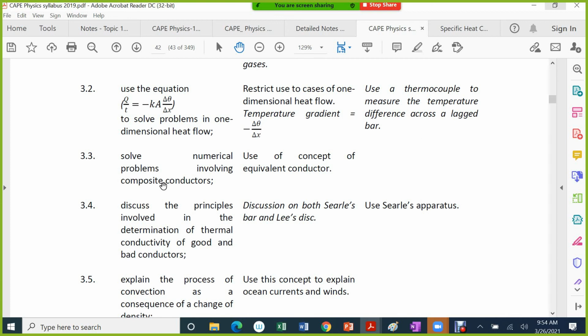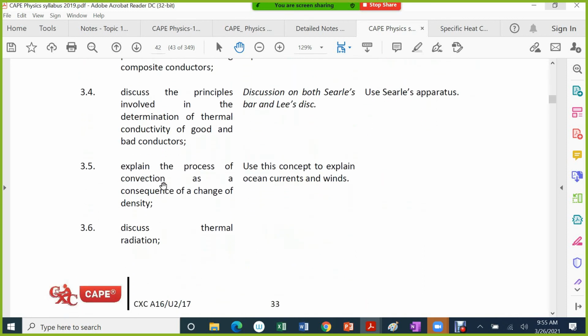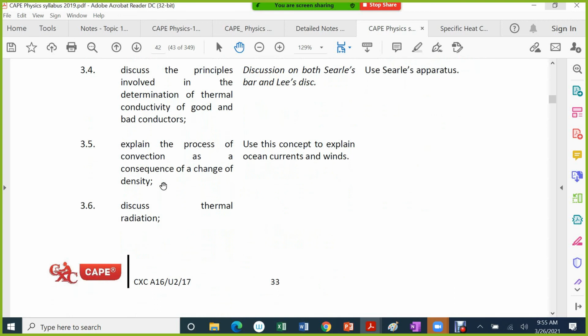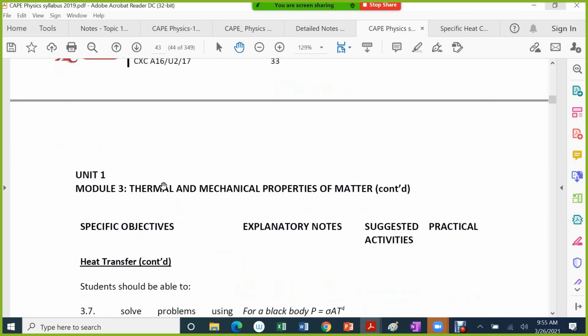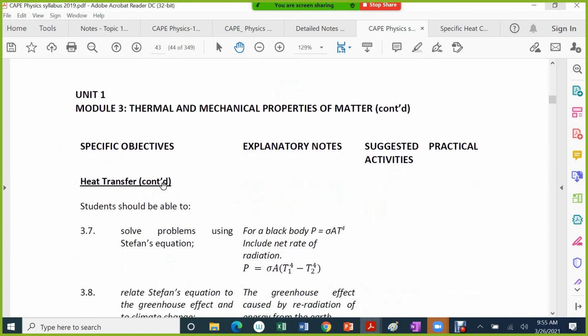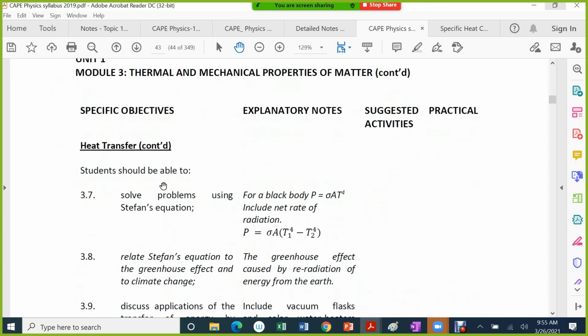It says discussion on both the Searle's bar and the Lee's disc. So those are some of the things that we have to speak to. We have to show you on all of those things. So we have quite a number of things to do, right? Speak about convection, understand what is happening with convection, thermal radiation. Then in thermal radiation, we're going to talk about Stefan's equation, right?